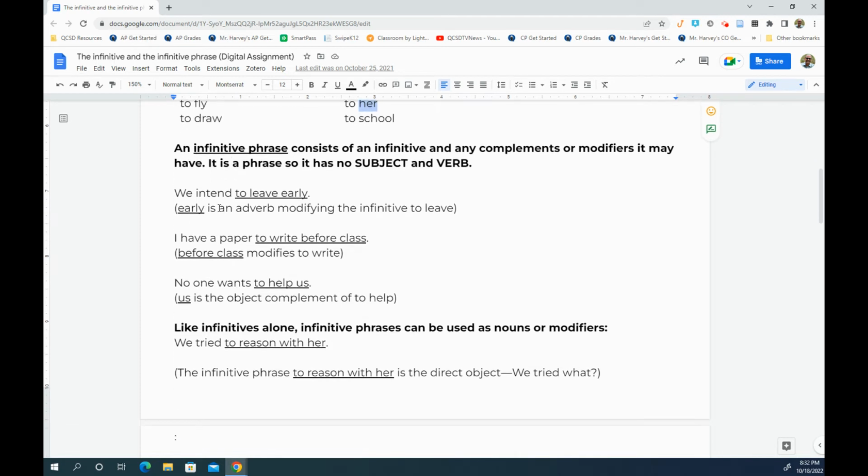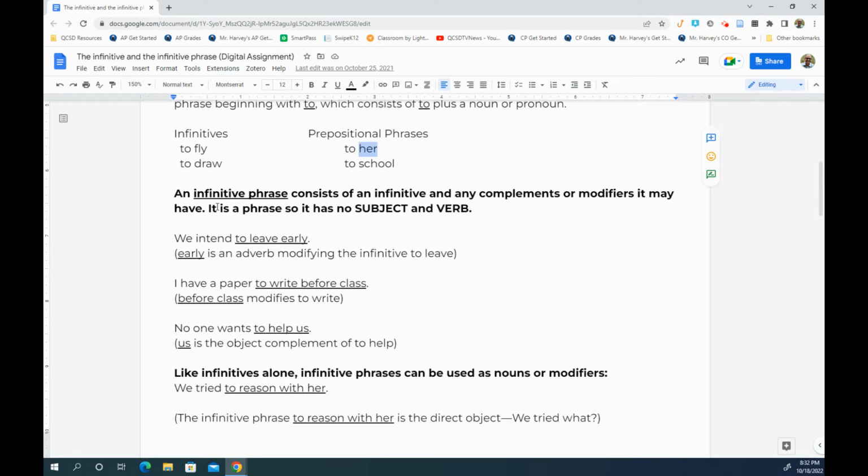So talking about an infinitive phrase, remember we've been studying phrases over the last couple weeks, and phrases are defined as a group of words that don't contain a subject or a verb. So they can't stand alone, and if they did contain a subject or a verb, they would be a clause. We're gonna study clauses later.